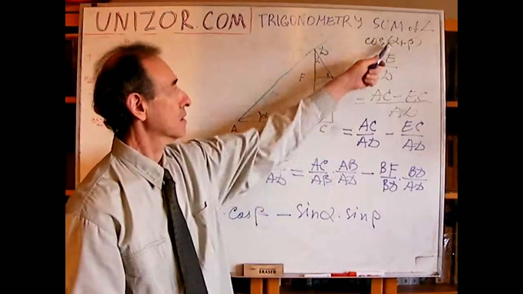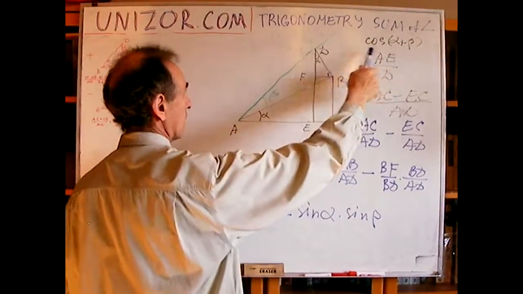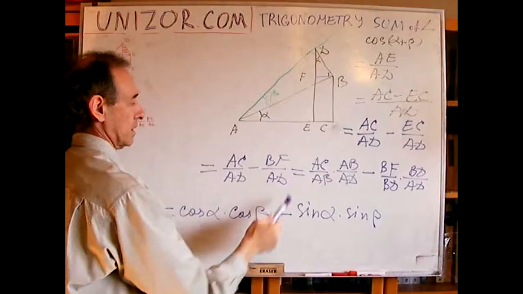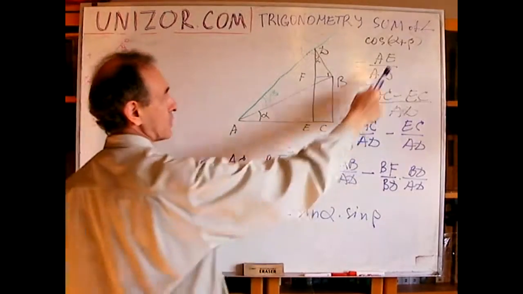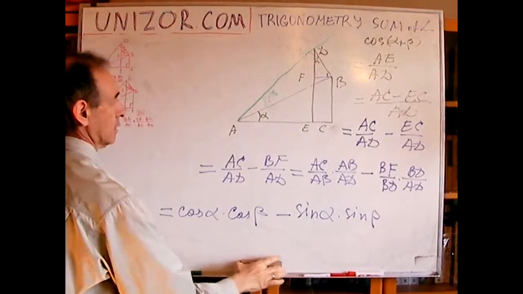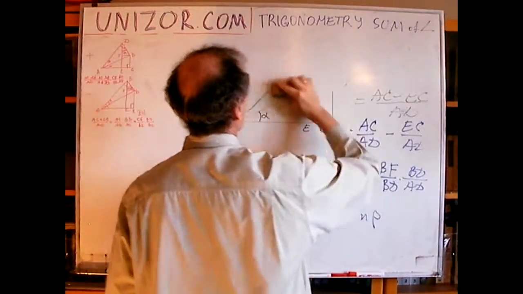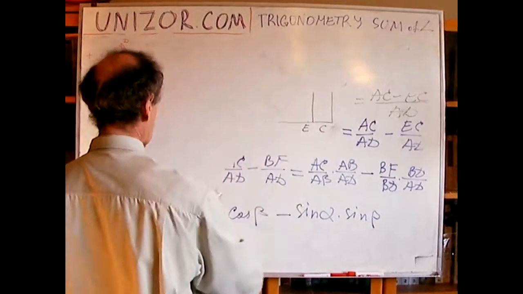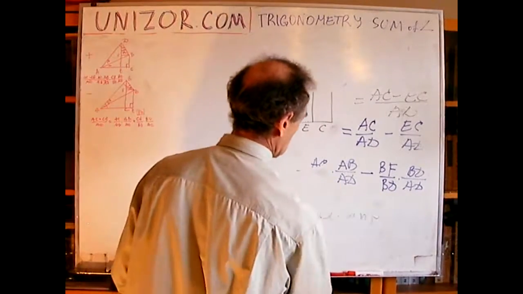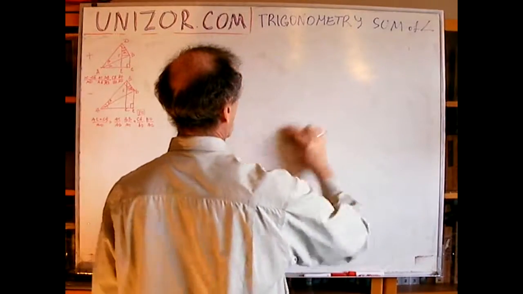So this is for the cosine. The difference between cosine of alpha plus beta and cosine of alpha minus beta is this sign. For this plus, it's minus. For a minus, it would be plus. So let me just summarize it in one expression, and that would be the end of this particular proof.